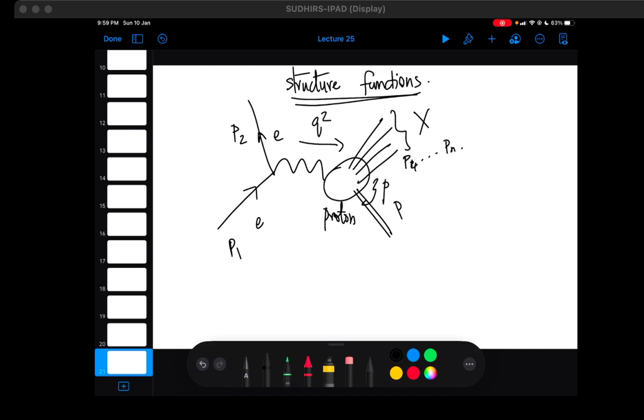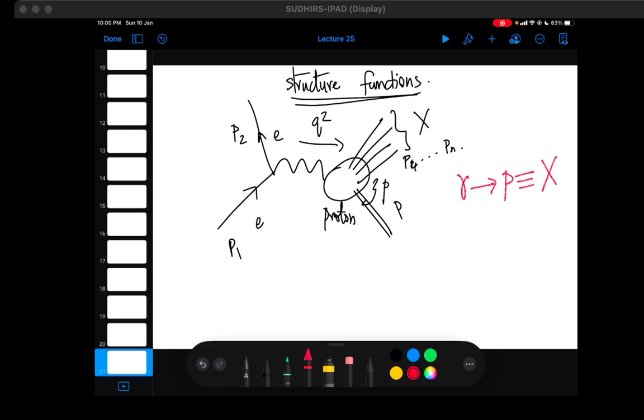So you can imagine that there is a photon coming in with a large momentum q. There is some sort of a process in which the photon is hitting the proton, and this is giving you some X. This is a bunch of new particles, each carrying several momenta.